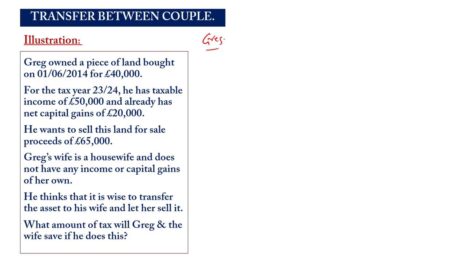Now we are told that he already has a net capital gain of 20,000. That simply means that he made some sales of several capital assets. Some were losses, some were gains, or all were gains. And when you put them together, the gain is 20,000 pounds.